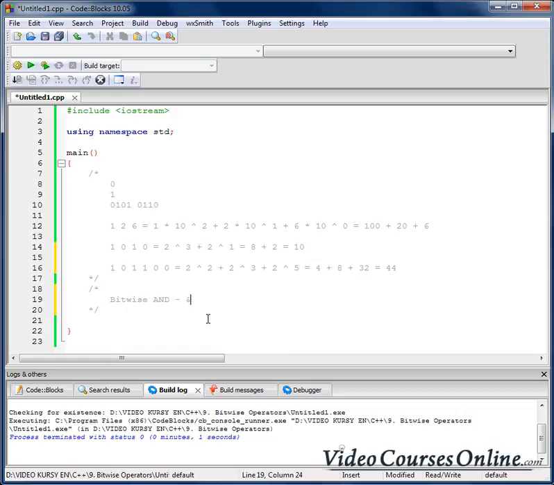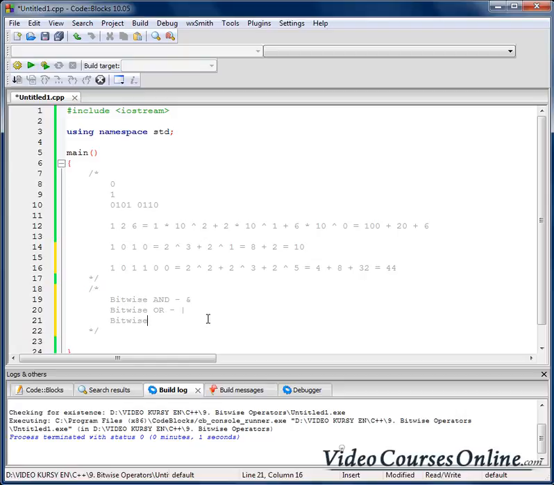It works like the relational operator AND, but remember, this time we are operating on bits, not on the results of expressions. Okay, we have got also bitwise OR, which is 1 pipe, and it works like the relational operator OR, but this time again we are operating on bits, not on the results of expressions.